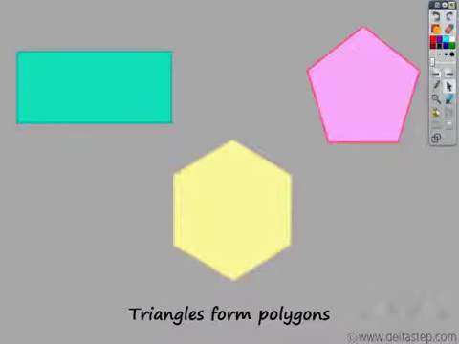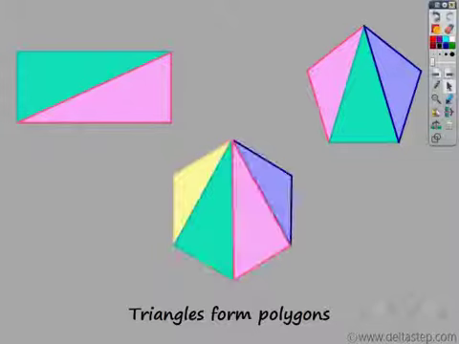We had seen how every polygon can be considered to be made up of triangles. So each polygon can be made up of triangles, and further these triangles can be made of right triangles.